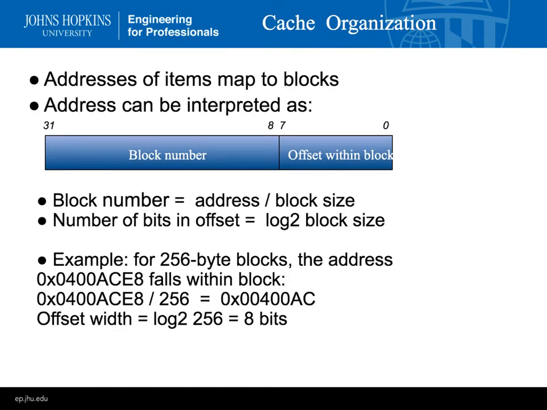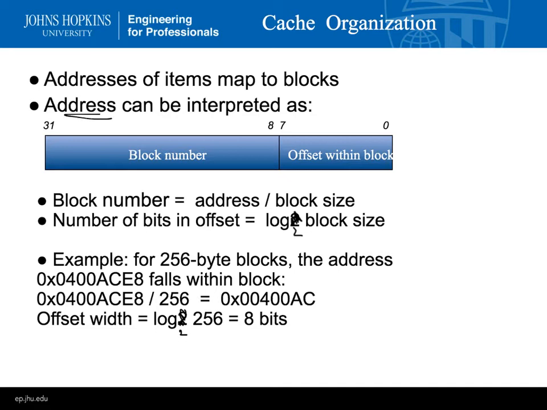So we want to know, again, we have a block size, and if we want an item, it's going to be within a particular block. An address is a byte.